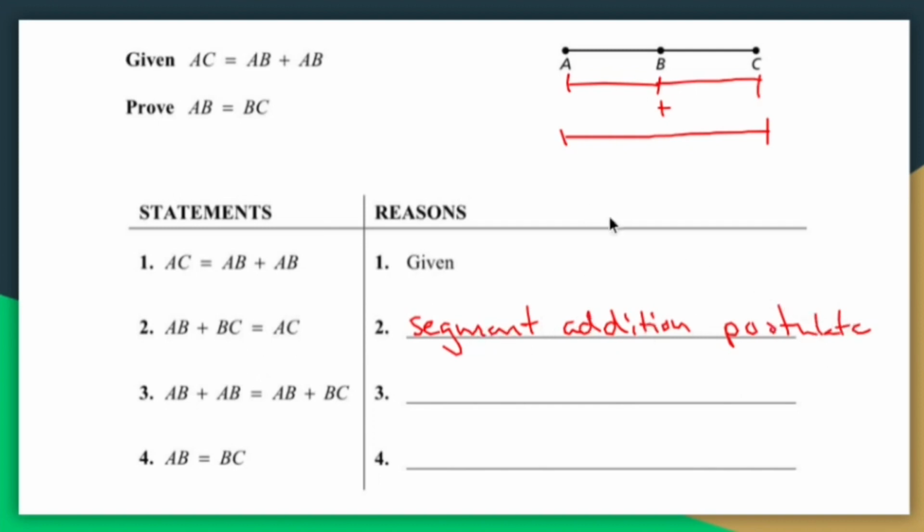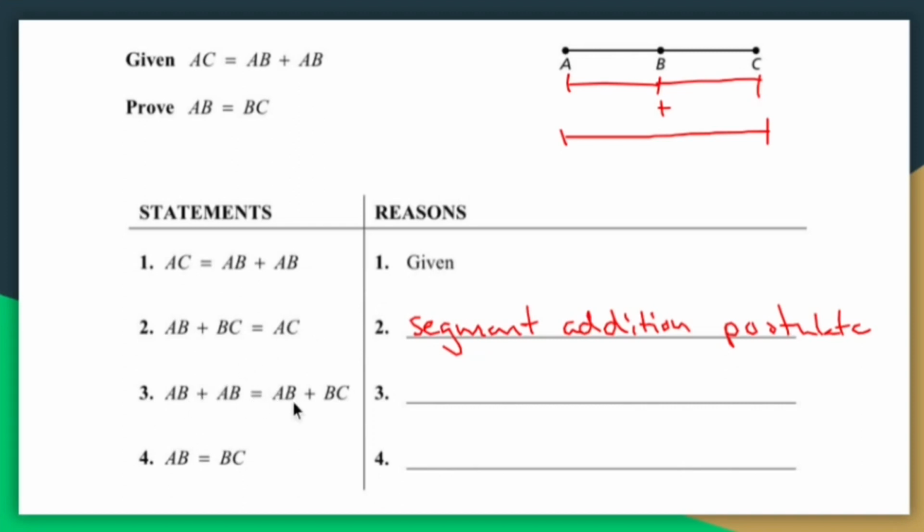Similarly, when you do the same thing with angles, it's called the angle addition postulate. So if angle 1 plus angle 2 equals angle blah, blah, blah, angle addition postulate. That's step 2, we're done.